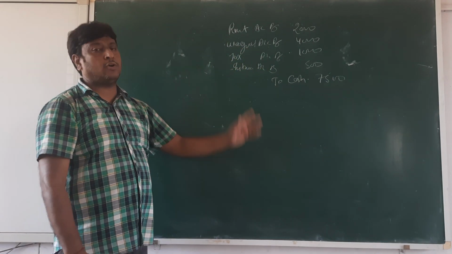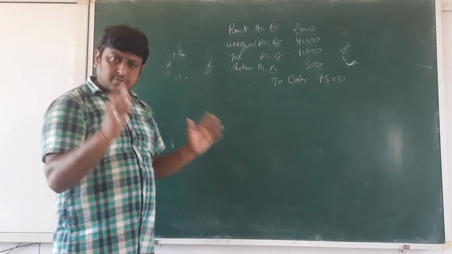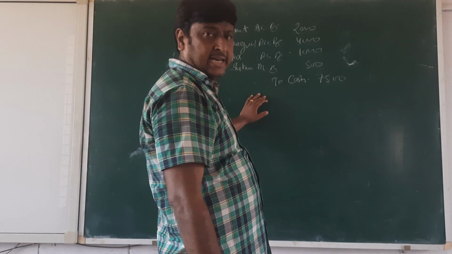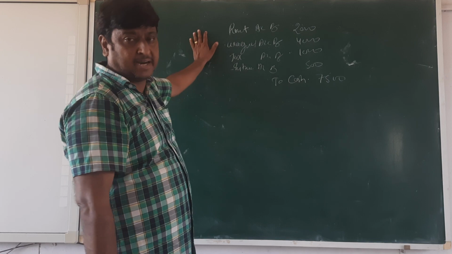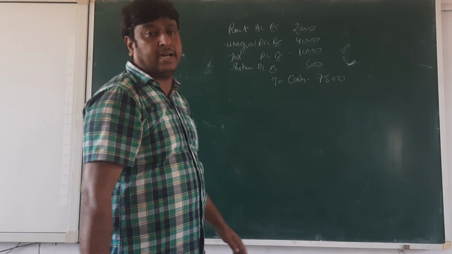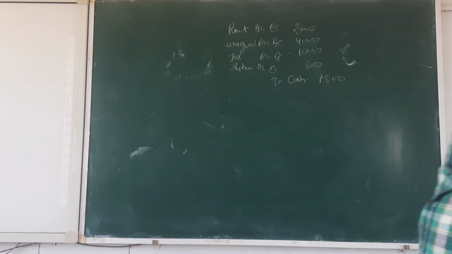This is also a compose or combined entry. You can also write rent account debit to cash, wages account debit to cash, tax account debit to cash, interest account debit to cash, but this is the right way to enter, because it's a composed entry.